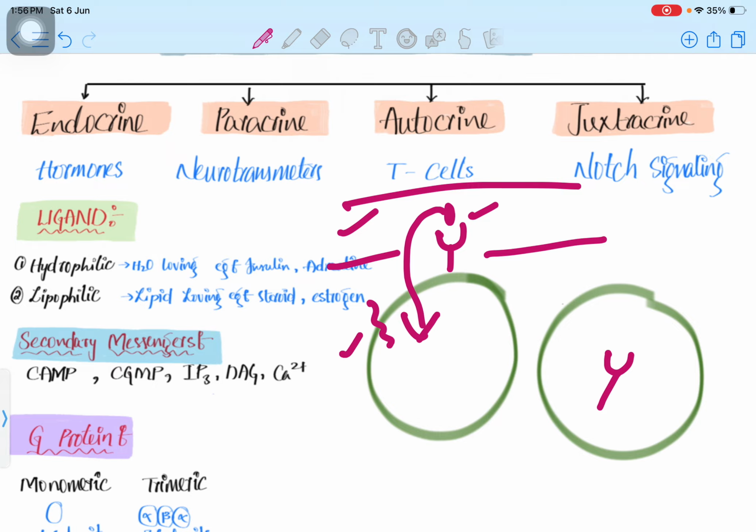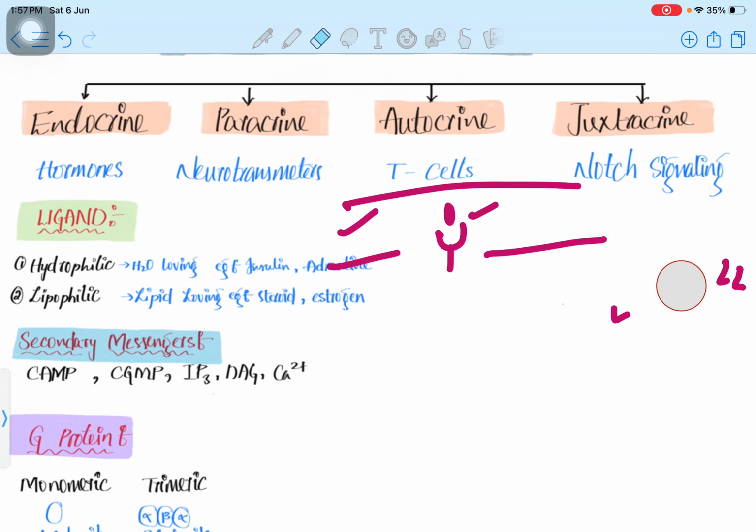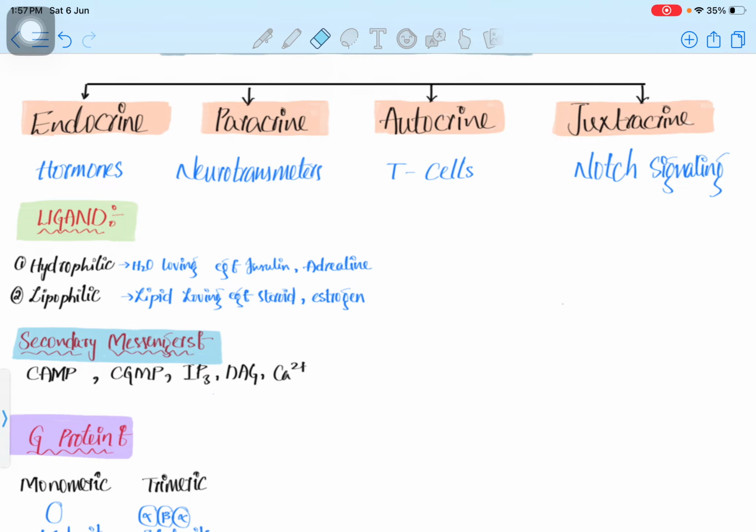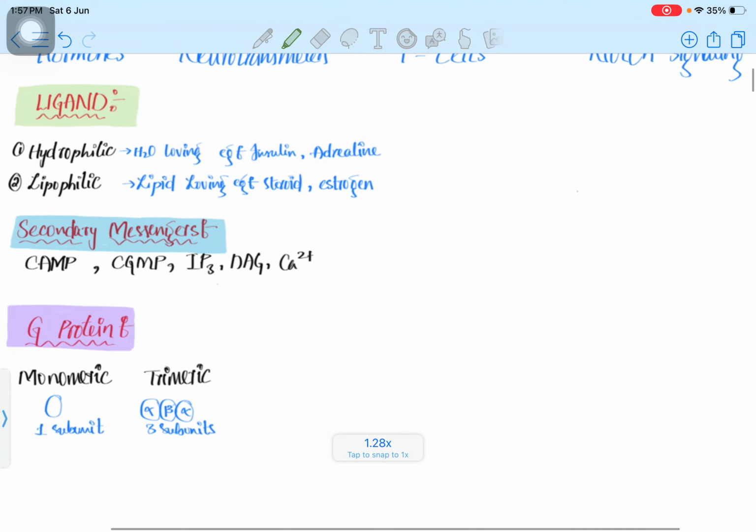This cannot travel inside the cell because the plasma membrane is made up of lipids, so it can't interact with the lipids. But in this condition, the water is present outside, so the lipid molecule will not be able to attach with it, so that's why it is able to travel. It has the ability to travel through the plasma membrane because this ligand is also made up of lipid, and the plasma membrane is also made up of lipids. That's it. I hope you got it.